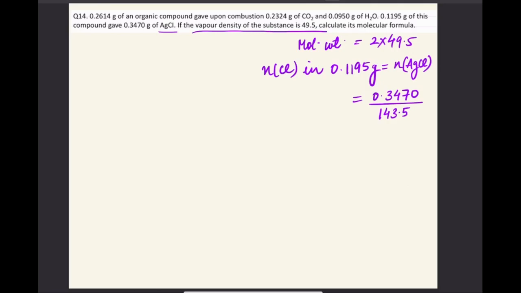But how much substance was originally taken? The weight of the organic compound taken originally is 0.2614 gram.